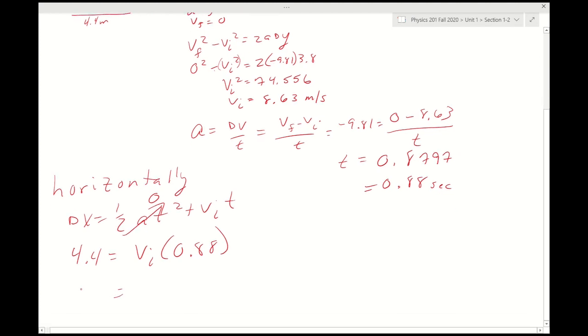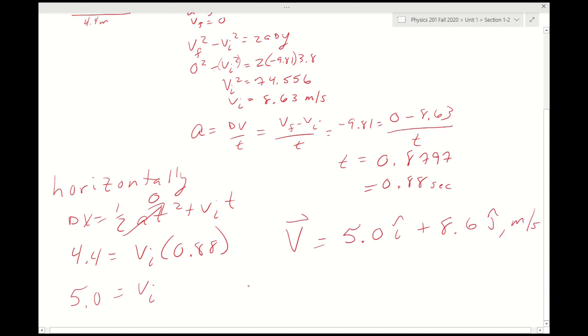That gives me an initial velocity of about 5.0. In component form, that means my velocity is 5.0 i plus 8.6 j meters per second.